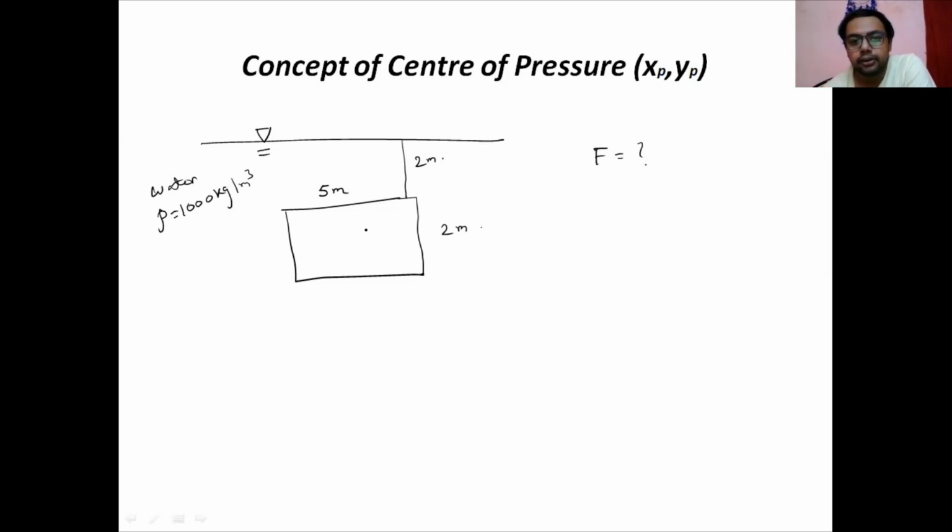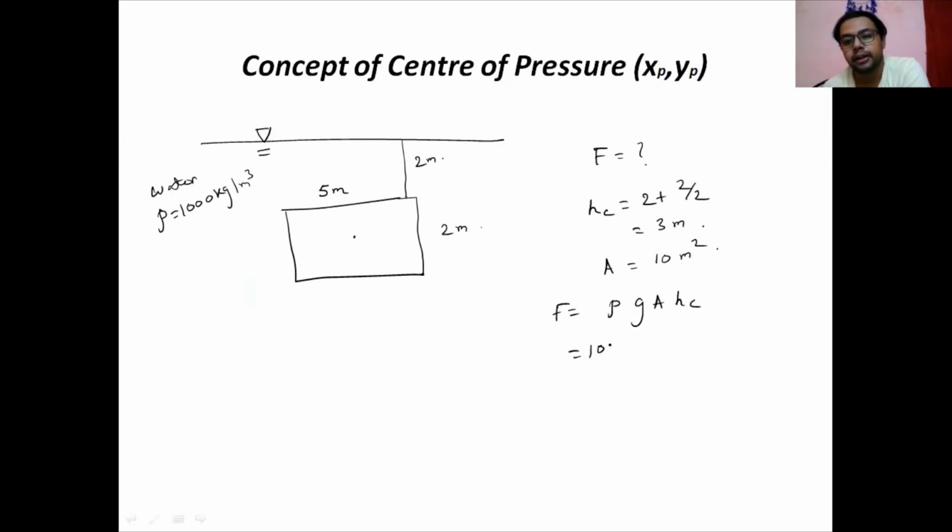So here, where is the location of the centroid? The location of the centroid is here. What is the depth of the location here? So HC is 2 plus 2 by 2. Area is 5 into 2, 10 meters square. So what is the force acting? Rho G A HC.